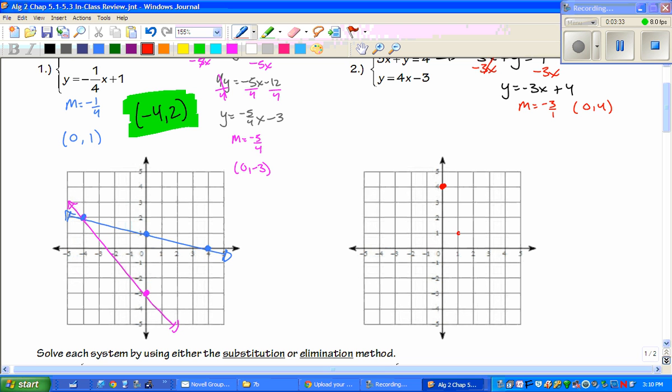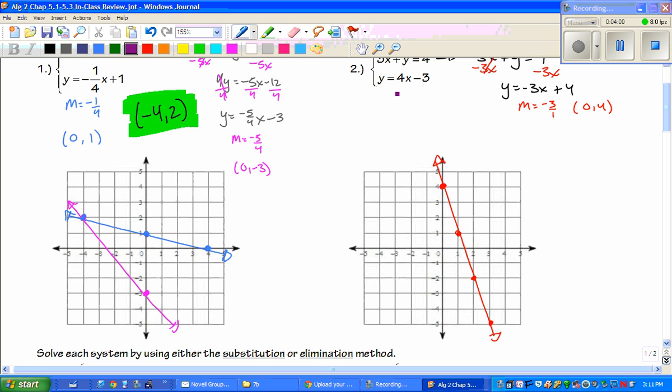So down 3, right 1. Down 3, right 1. And you can do it one more time. So there are our points. Let's draw. Oh, that line doesn't look nice. Okay, so there's our line.